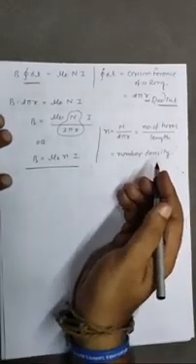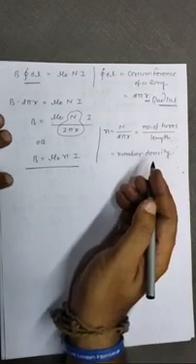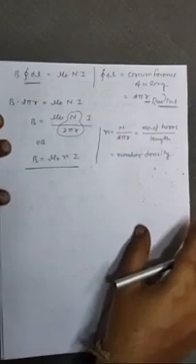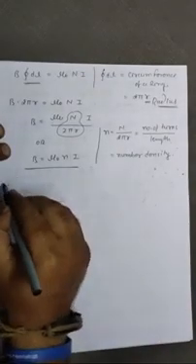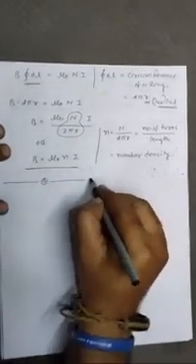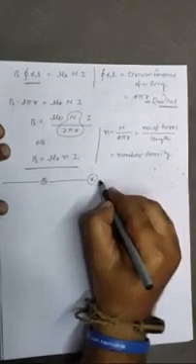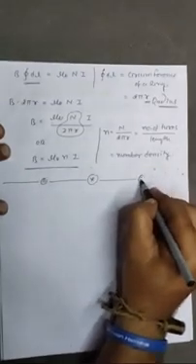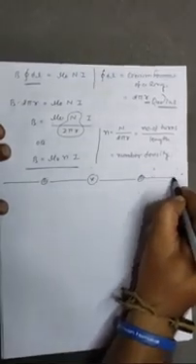Oh sir, wait, it is the same as solenoid. Yes, why not? It is the same as solenoid, but there is a difference. Let us see which is the difference. So these are the points that you have to remember. What to remember? Let us see.